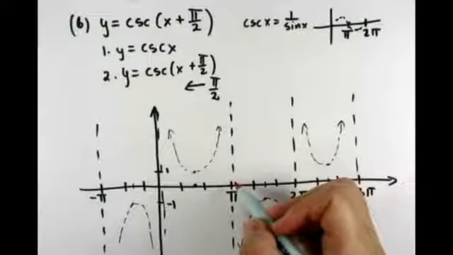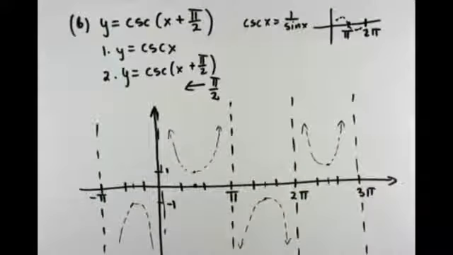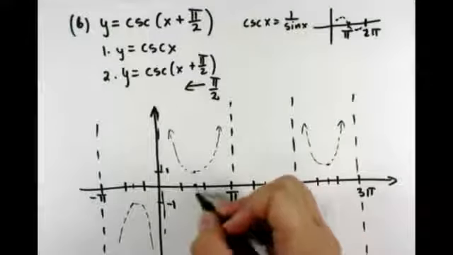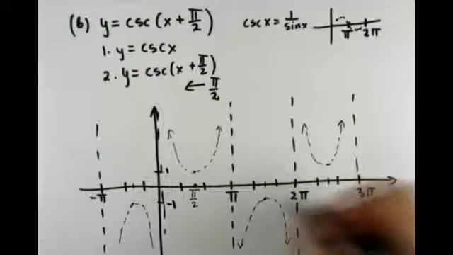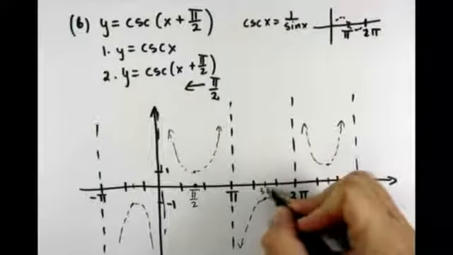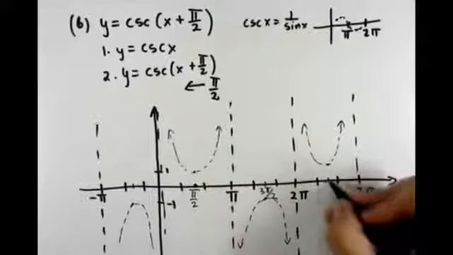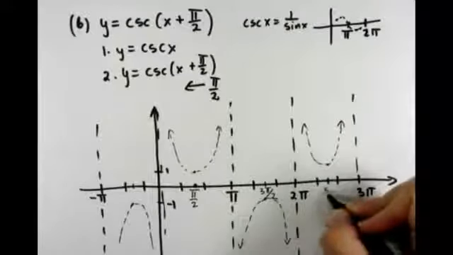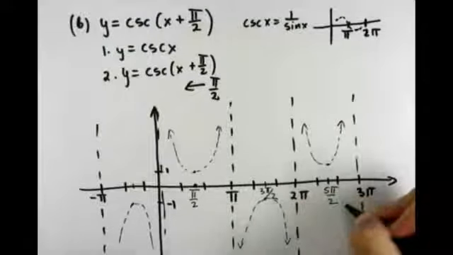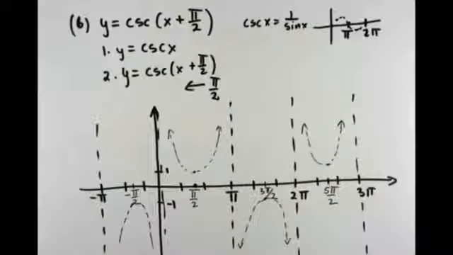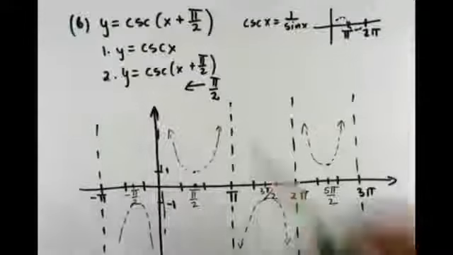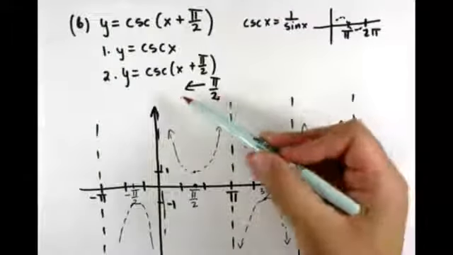So first I'm going to shift the asymptotes. Half pi, so if this one was pi, in the middle is pi over 2, and this one was 3 pi over 2, and this would be 5 pi over 2, and this one is minus pi over 2. Okay, so now we are shifting this graph pi over 2 units to the left.